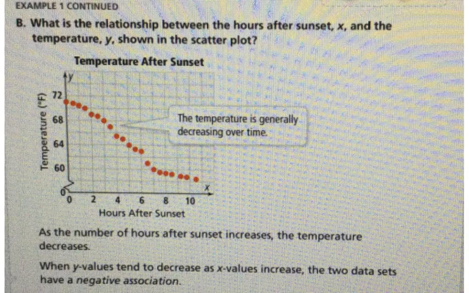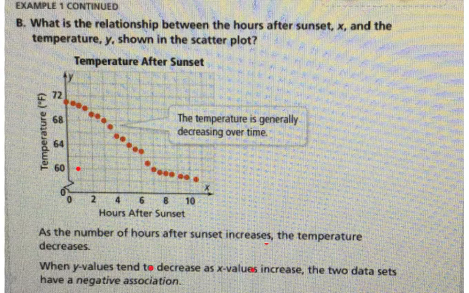B part says, what is the relationship between the hours after sunset and the temperature Y, shown in this scatter plot? Okay, so this time, as my hours after sunset is increasing, the temperature is decreasing. So as the number of hours increases, the temperature is decreasing.